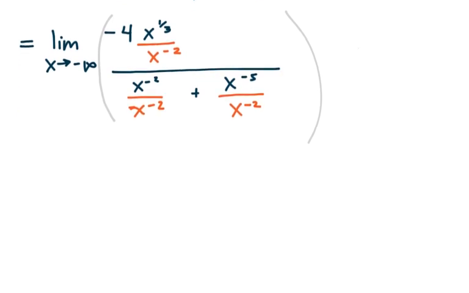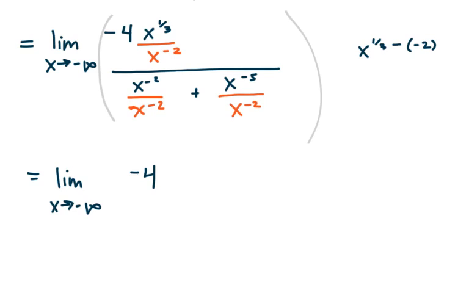So in this situation, we would have the limit as x approaches negative infinity of negative 4, so x to the 1/3 minus negative 2. That's x to the 1/3 plus 2, or plus 6/3.